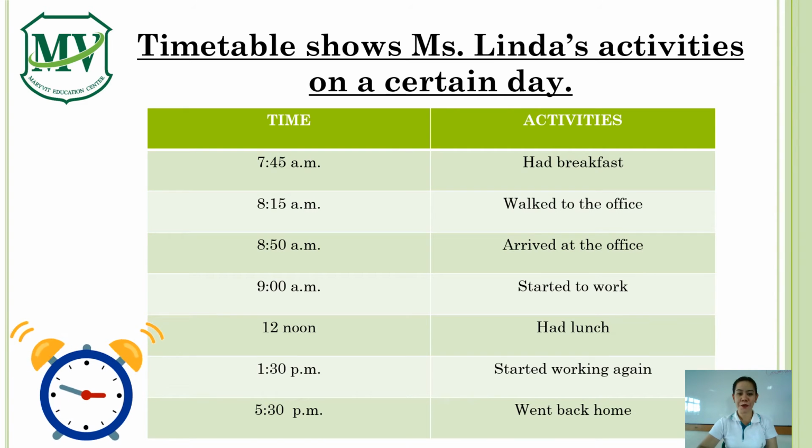She had her breakfast at 7:45 a.m. and walked to the office at 8:15 a.m. She arrived at the office at 8:50 a.m. and started to work at 9 a.m. She had her lunch at 12 noon and started working again at 1:30 p.m. and went back home at 5:30 p.m.